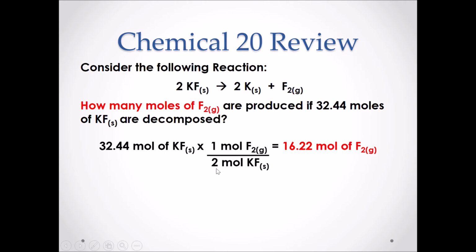The 2 comes from the coefficient in front of KF solid in the chemical equation. As a result, our answer is left in moles of F2 gas. Our answer is 16.22 moles. 4 significant digits because that was the value which we started our calculation with.